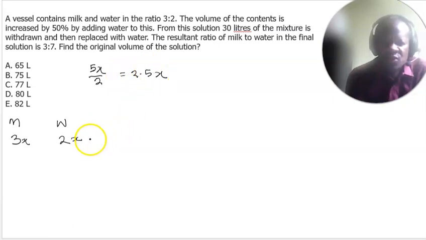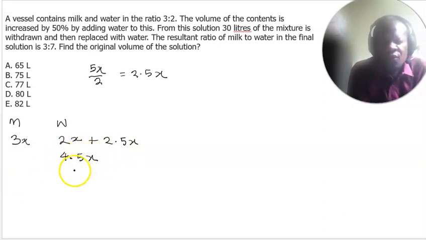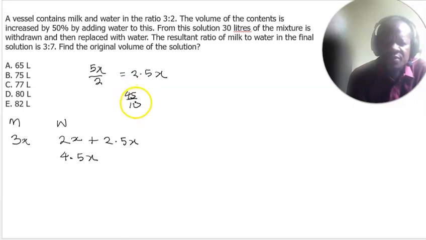So that 2.5x is added here. That means the volume of water will now become 4.5x. 4.5x is the same thing as 45/10 as a fraction, which is 9/2. So that means we have 9x/2.